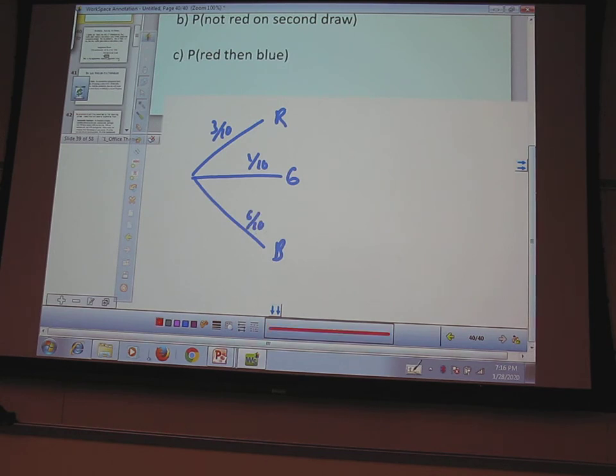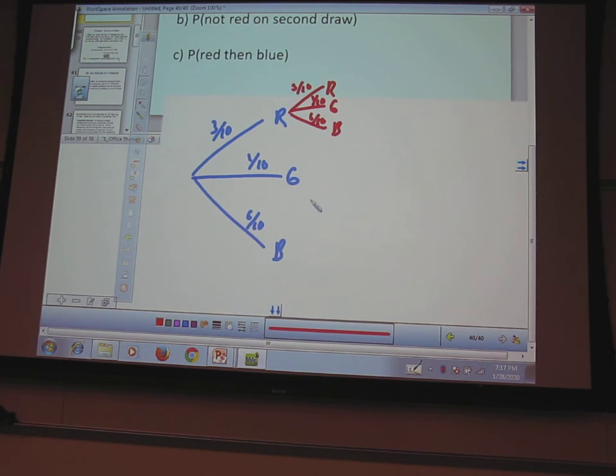Now I put it back. If I drew a red one, what could I draw? What could happen next? Draw a red, a green, or a blue. Probability of the red, green, blue, right, because I replaced it. What if I drew a green one first?